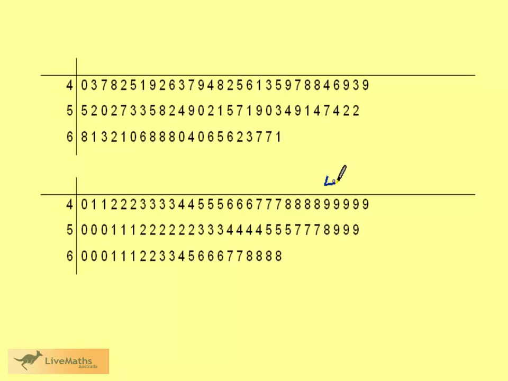The key here is that 4, 0 represents 40. This shows us that a 4 in the stem and a 0 in the leaf means the data value was 40.